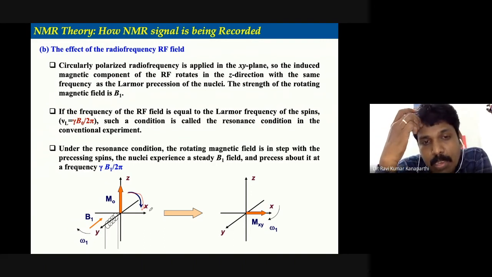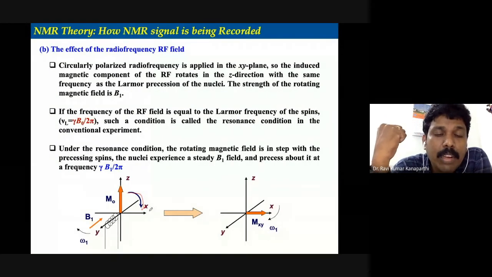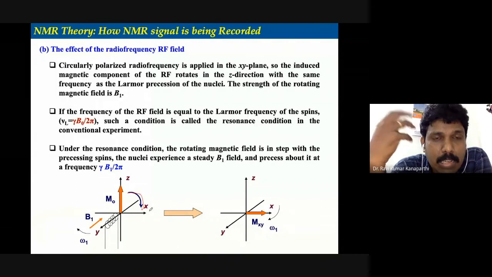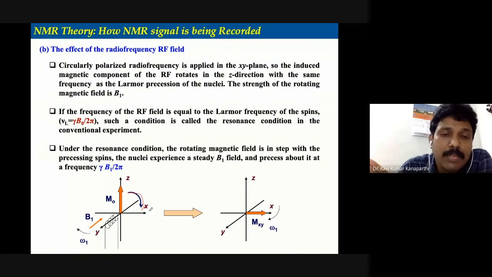So what is the resonance condition? It is when the induced magnetic field, which is generally produced through the application of circularly polarized radio frequency, matches. What happens is that the net magnetization vector tips. Tipping means it changes from its original direction and then starts precessing in that particular plane.